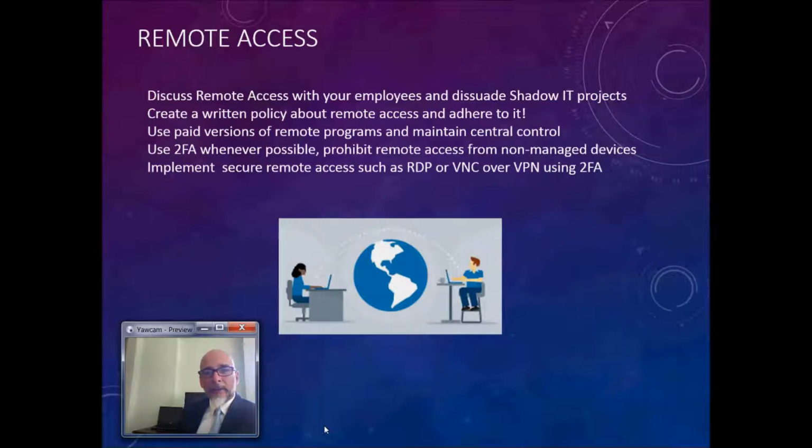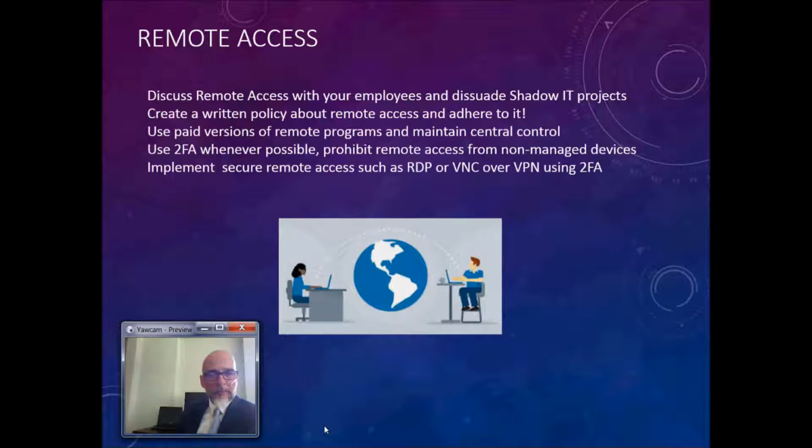Discuss remote access with your employees and dissuade shadow IT projects. Create a written policy so that employees know what they can and cannot do, how they should access the network. You might have a policy that states, hey, don't connect to us remotely from a public hotspot or Wi-Fi. Things like that.